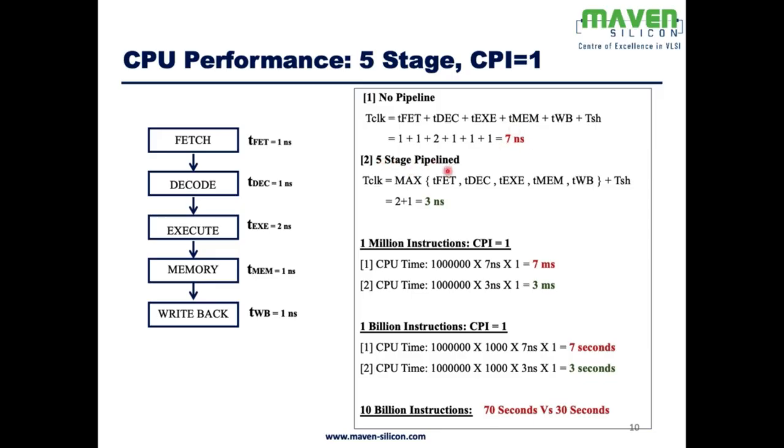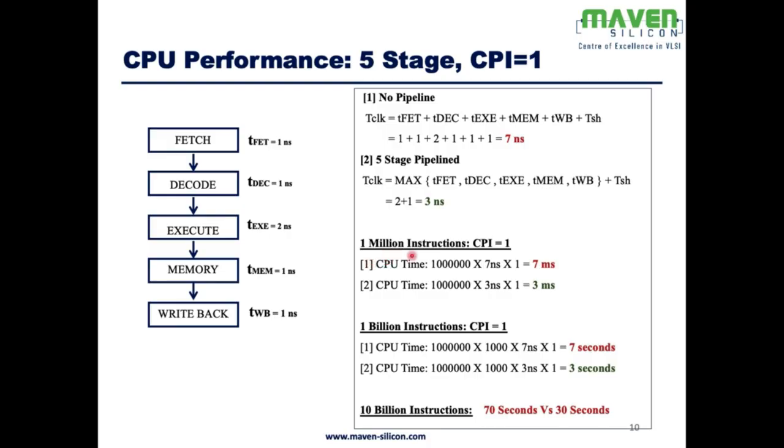For a 5-stage pipeline processor, we are going to consider the maximum propagation delay. In this case, the execute stage. So overall 2 nanoseconds propagation delay plus setup time and hold time, it becomes 3 nanoseconds. Here CPI is 1 for both.